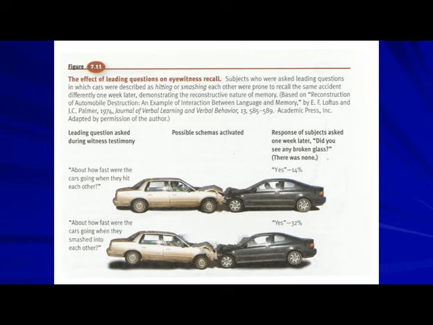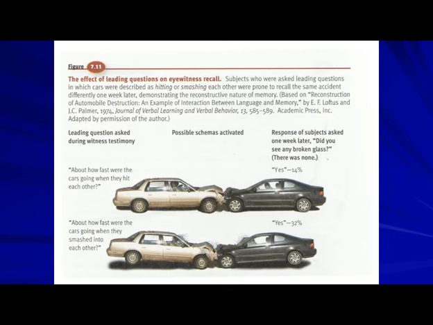This more than doubles to 32% when people were asked how fast were the cars going when they smashed into one another. And what's happening is, how fast were the cars going when they hit each other activates this kind of schema. It's kind of an accident, not bad. How fast were the cars going when they smashed into one another sounds much worse, activates the schema involving broken glass, and we more than double the false memory for the presence of glass when there was none.